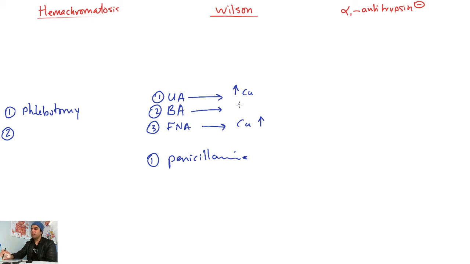Yeah, copper could be normal or decreased. That's because the copper transporter is defective in blood. You can keep it in tissue, you can secrete it in urine, but you cannot keep it in blood. And that's known as ceruloplasmin. That's the deficient protein, the copper transporter. So now penicillamine is a copper chelator.